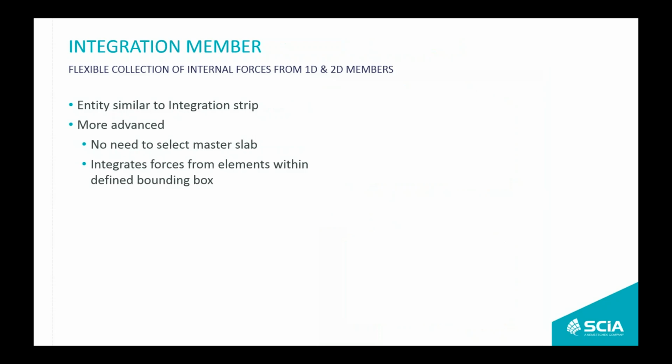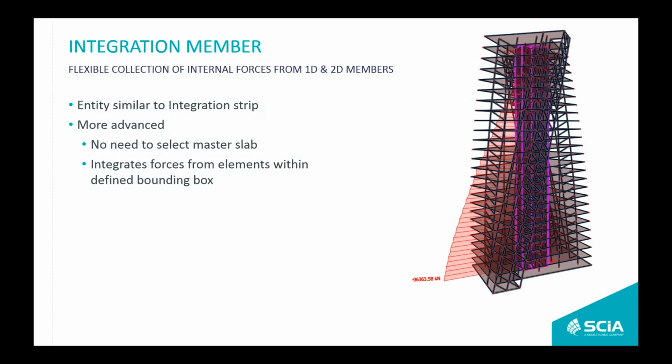Further improvement is by introducing a new entity, which is called integration member, which is very similar to integration strip, but is more advanced in a way that it allows you to integrate stresses into internal forces in a spatial diagram. It's very useful for multi-story buildings if you want to have one internal force for, let's say, in this case, the core of a multi-story building, which was composed of wall elements.